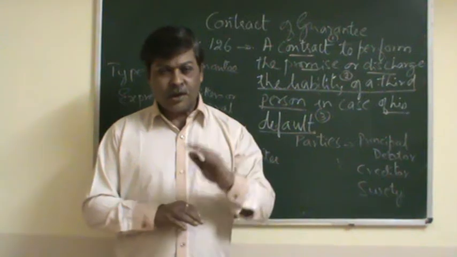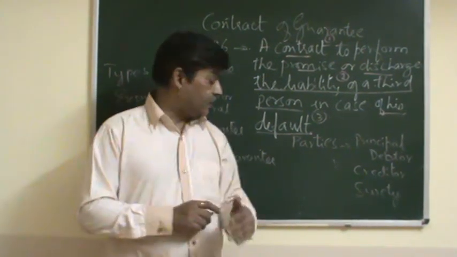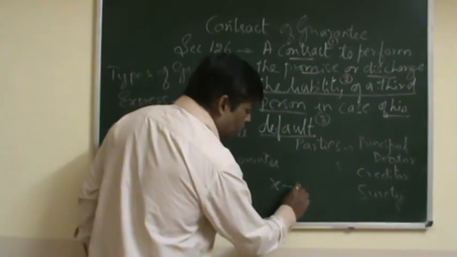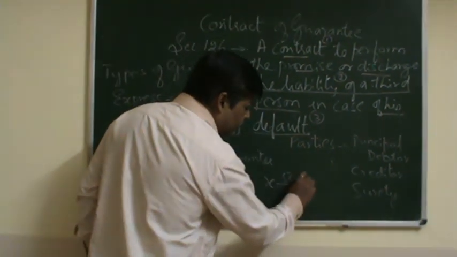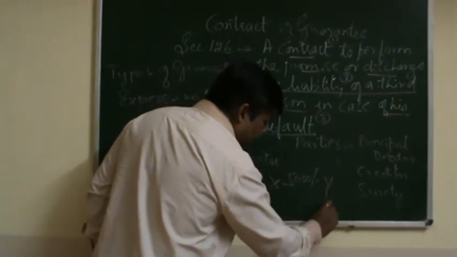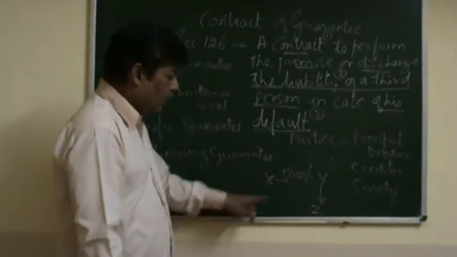It will be clearer when we take an example. X borrows 5,000 rupees from Y, and Z assures Y that X will return it.